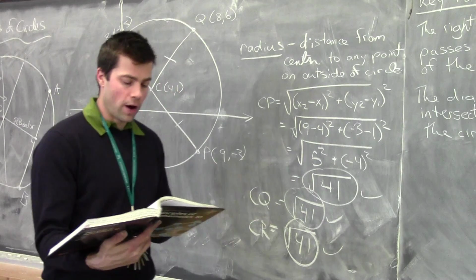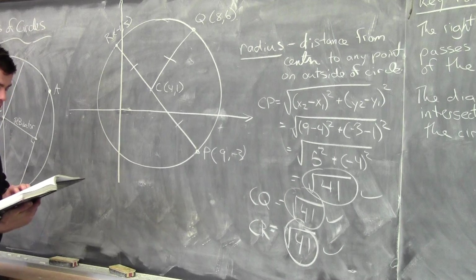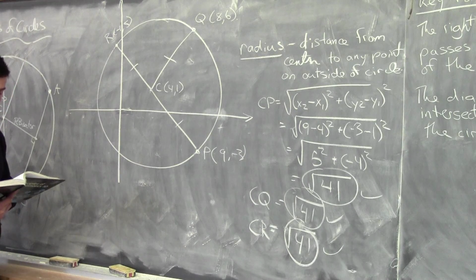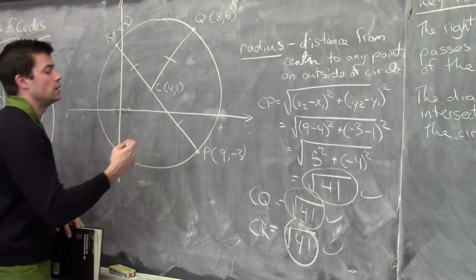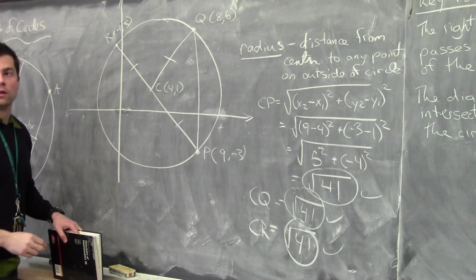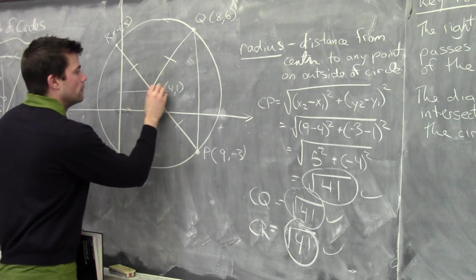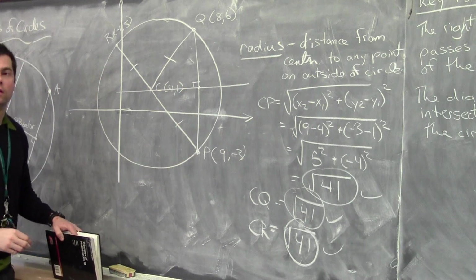It says the right bisector of PQ includes all points that are equidistant from P and Q. So here's PQ. Here's the right bisector. It's on the midpoint.